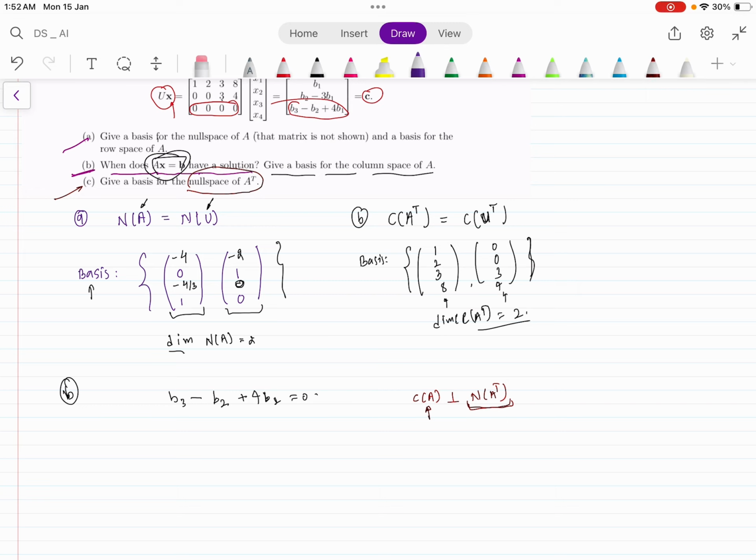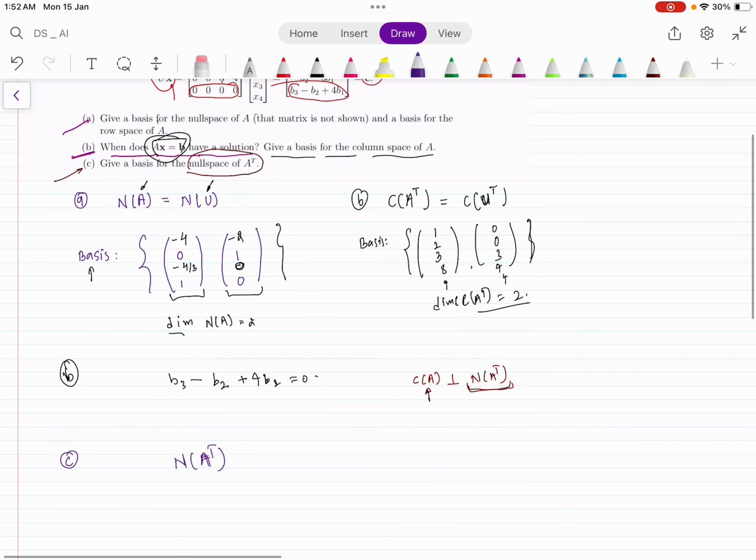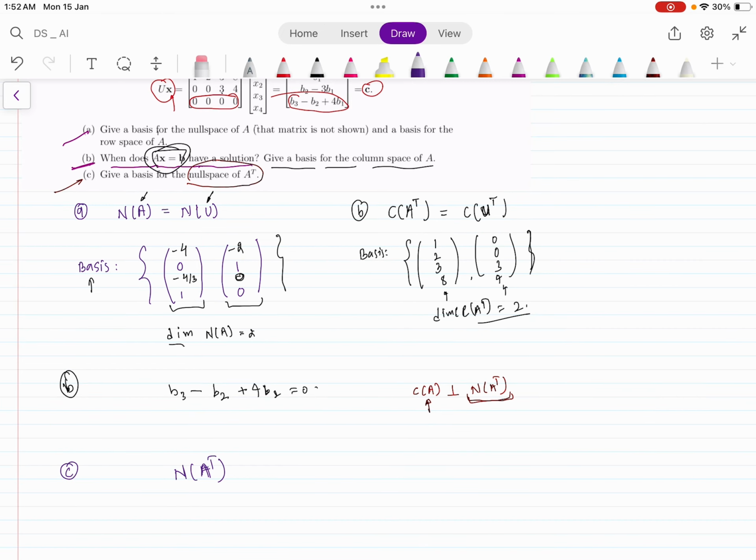So the basis for the null space of A transpose. What does it mean? You have matrix A, right?